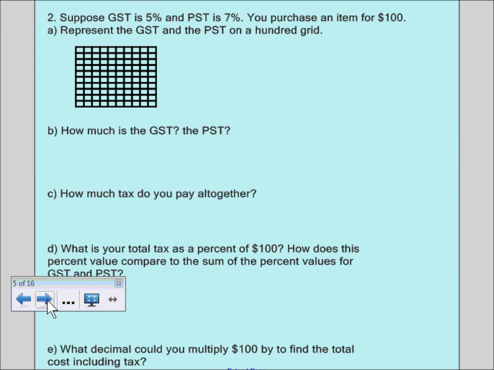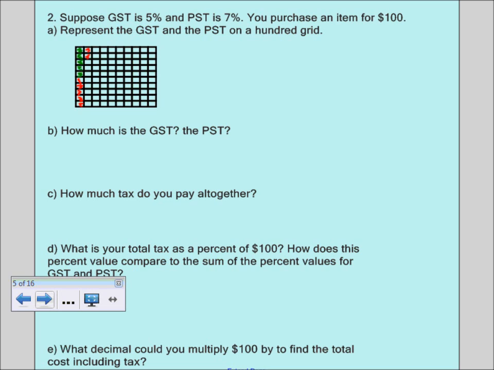Suppose GST is 5% and PST is 7%. You purchase an item for $100. Represent the GST and PST on a 100 grid. So 5% is 5 squares, so 1, 2, 3, 4, and 5 drawn in. The PST would be 1, 2, 3, 4, 5, 6, 7 squares.